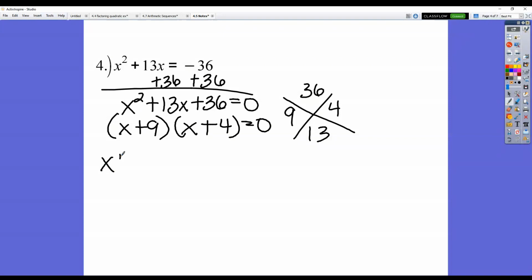So set both factors equal to 0. And we solve for x.